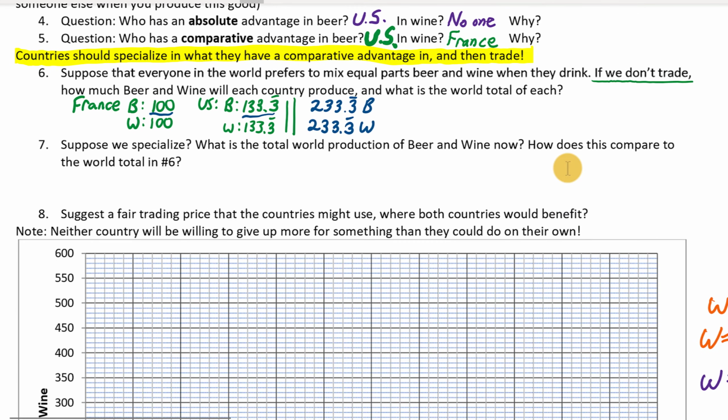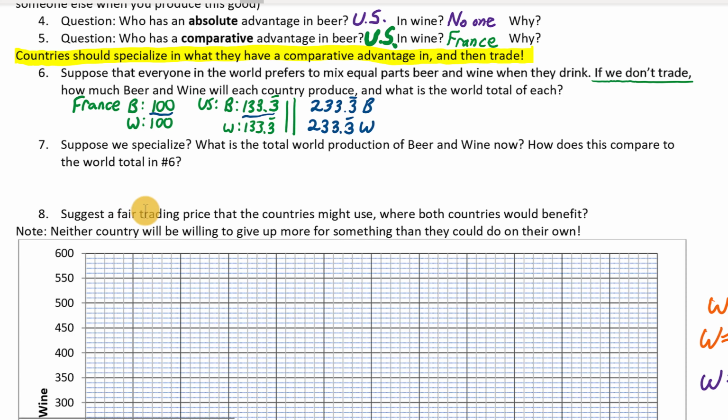So let's see what would happen if we specialized, and then we can work out all the details of how these countries might trade. So number 7 and 8, these 2 questions here kind of go together. And so let's look at them together as we try to analyze this. So suppose we specialize, what could happen?